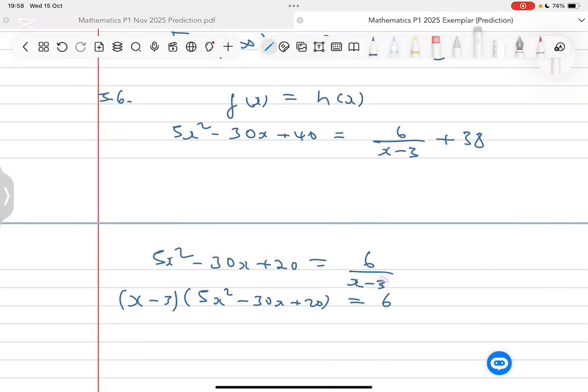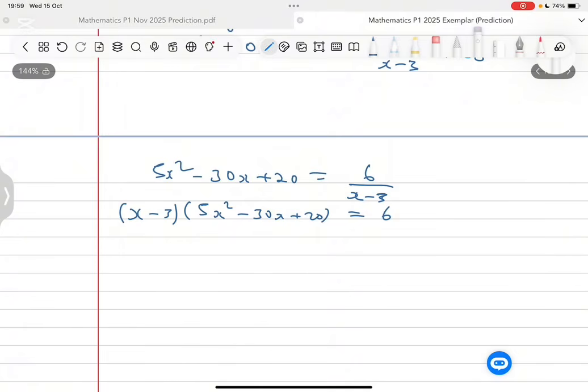Remember, when we cross multiply, this will come this side and disappear. Or you can say that you multiply here by x minus 3, and then they cancel out, and what you do on the left you also do on the right, and that's why we have this here. Now this looks good. It's getting much simpler. We're trying to simplify it to be much easier to work with.